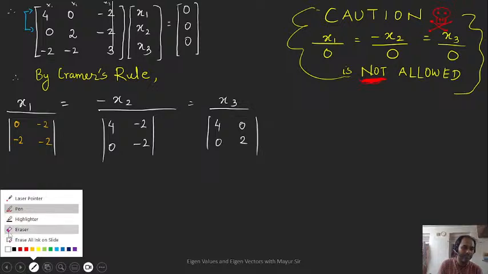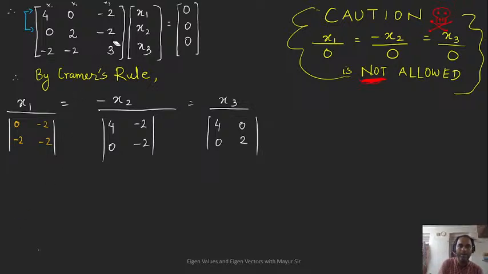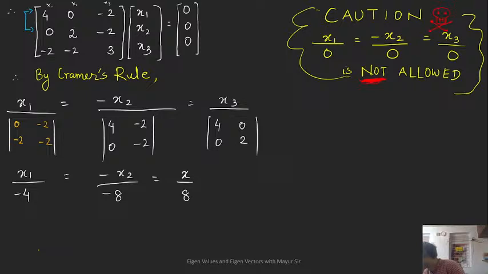So now we are in a position to write the eigenvector. See this, x1 over, how much is it? Over 4, minus x2 over -8, x3 over 8, x1 over -4. Yeah, x1 over -4 we will get. Akash, there is some problem.